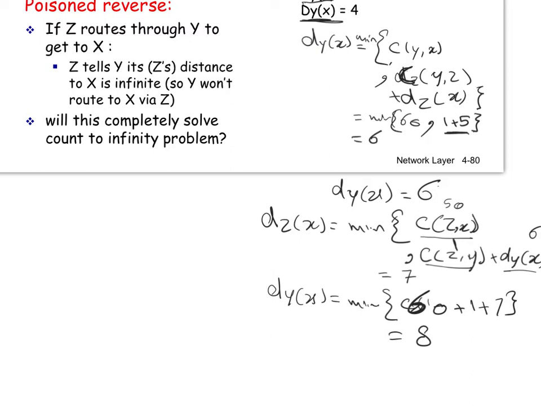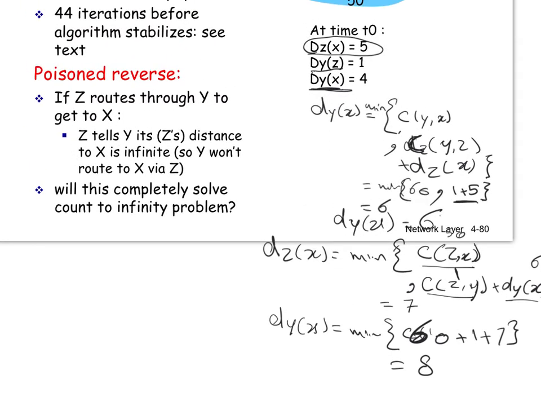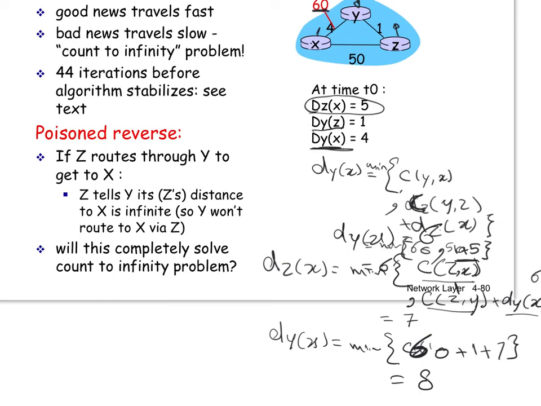So for route update, we need to calculate when will the shift happen and the steady state will be achieved. Okay? We need to know when will the shift happen and the steady state will be achieved. This, in fact, will happen when the cost between Z and X will become 50.